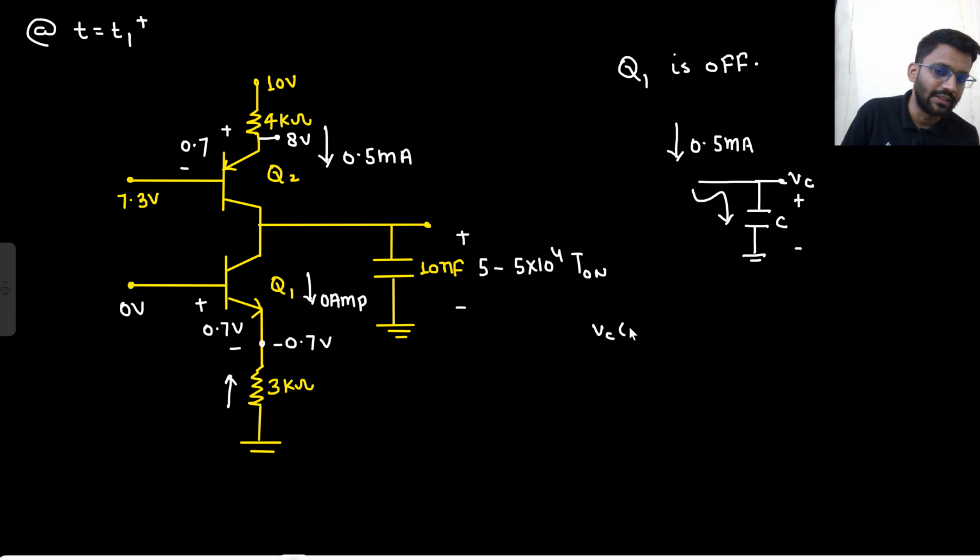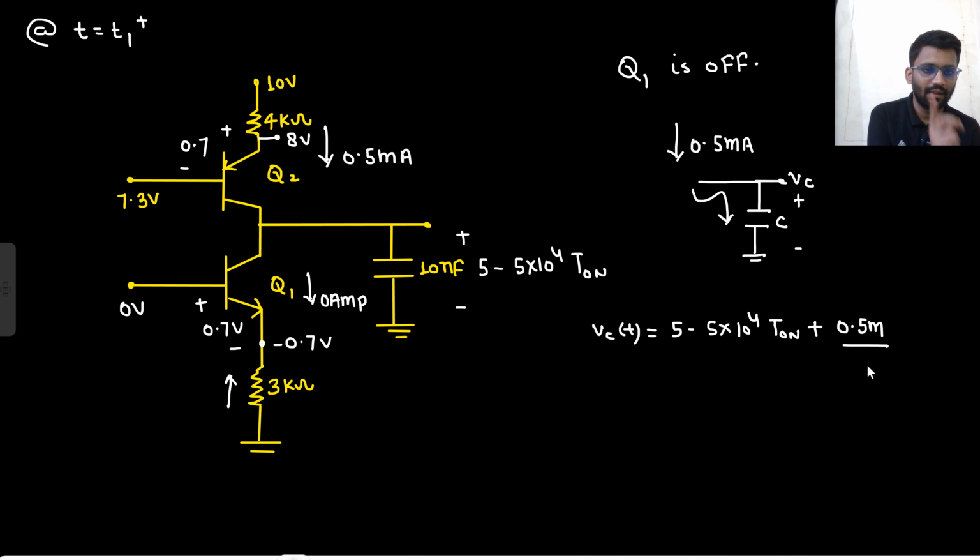So what will be your VC(t)? The initial voltage was 5 minus 5 into 10 to the power 4 into T1. Now the voltage will be increased by the current, 0.5 milliampere, divided by C, that is I t by C. C is 10 nano.